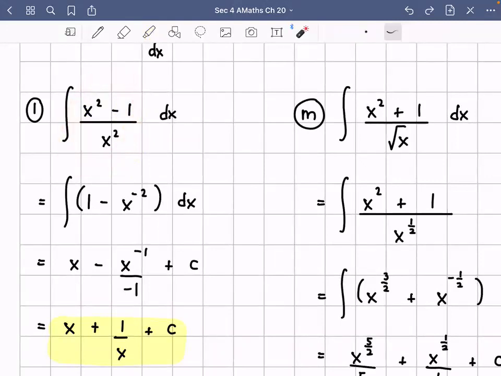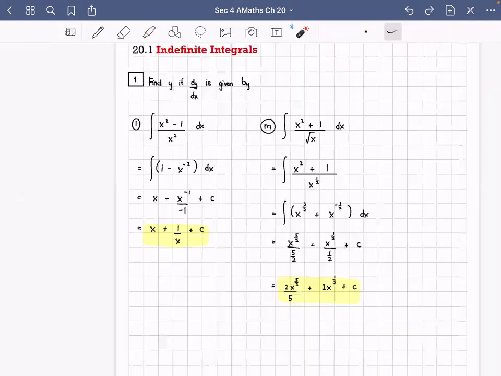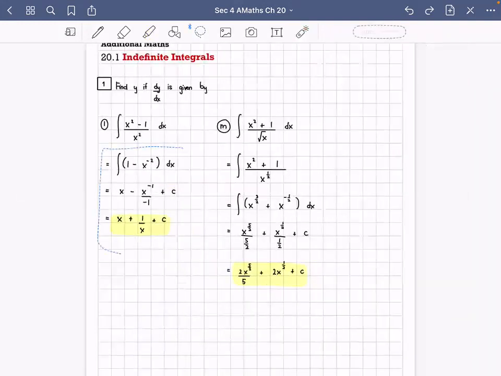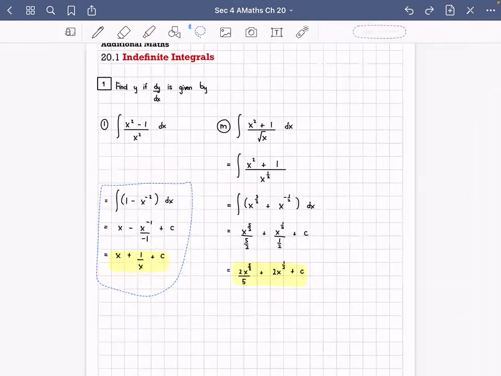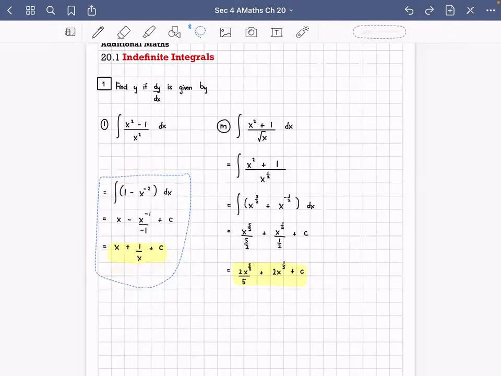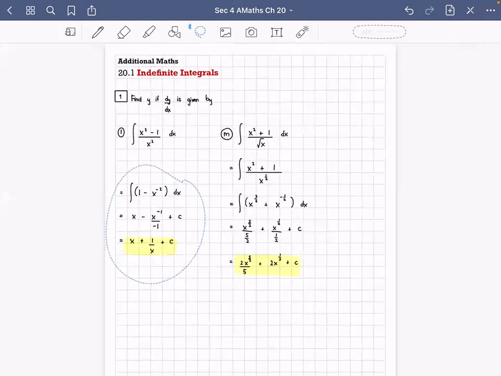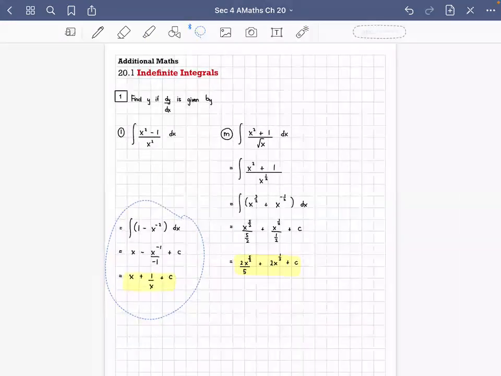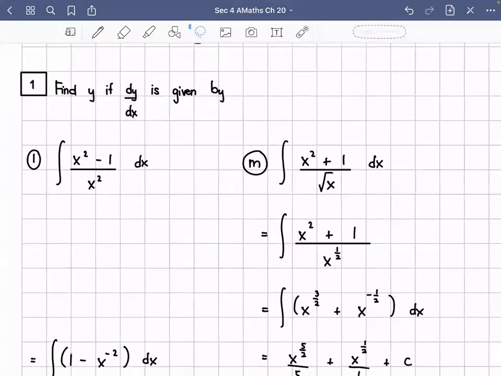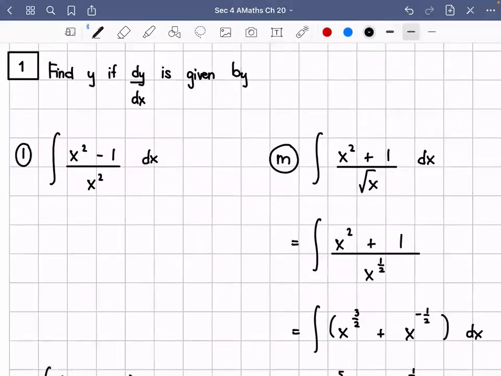Basically what we're trying to do here is divide both of them by x squared. So what do I mean by that? Let me rewrite our question.